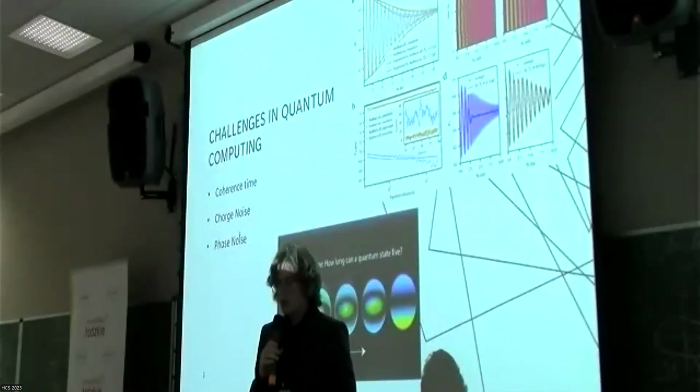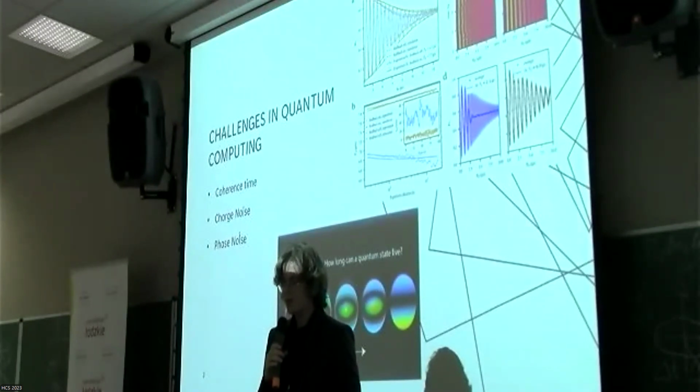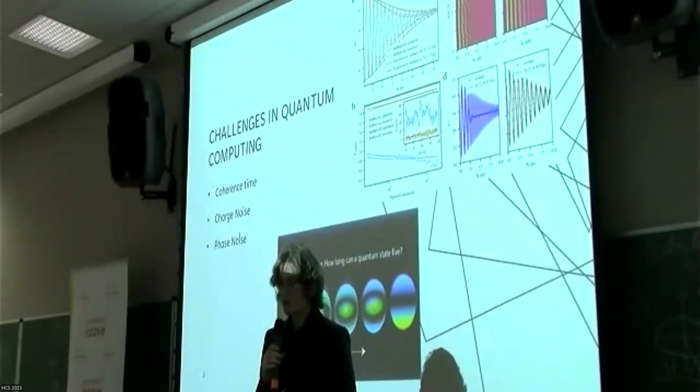Although semiconductor quantum dots offer great promise, they come with their own set of challenges. One of the biggest obstacles is maintaining coherence in quantum systems. Coherence refers to the ability of a quantum system to remain in a superposition state without interference from the environment.